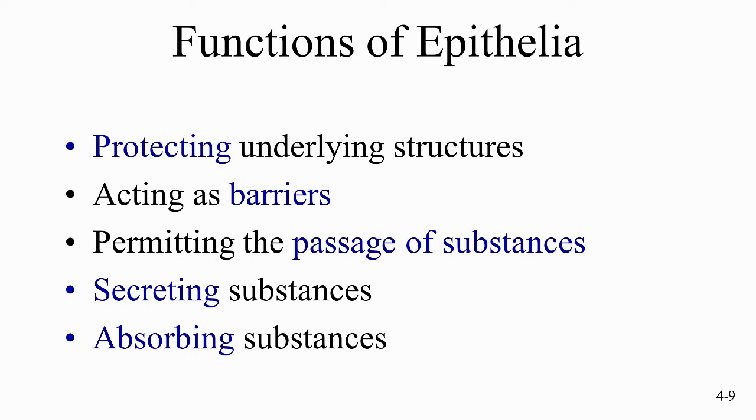Also permits the passage of substances. And I tag that in with this down here, absorb substances. But we can allow the passage of substances either through diffusion or, let's see, I'm trying to think. Like in the digestive system, for instance, the digestive epithelium is going to allow for the passage of nutrients, amino acids, proteins, fats.